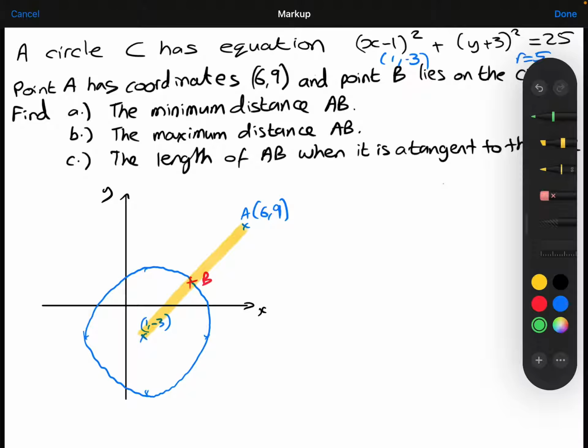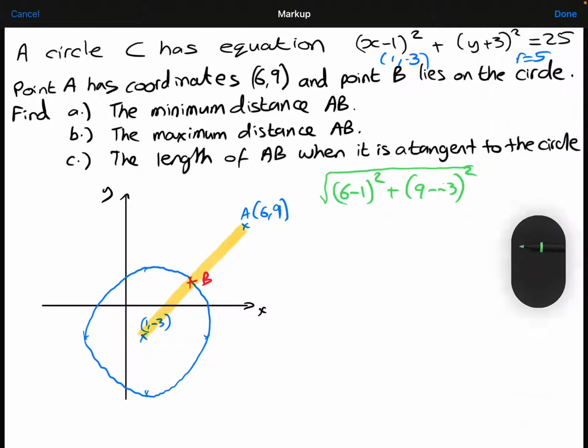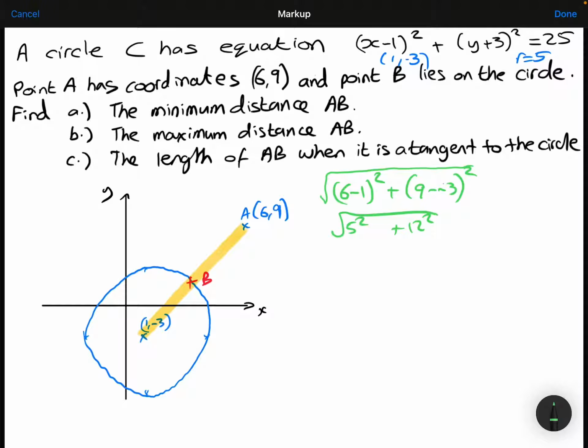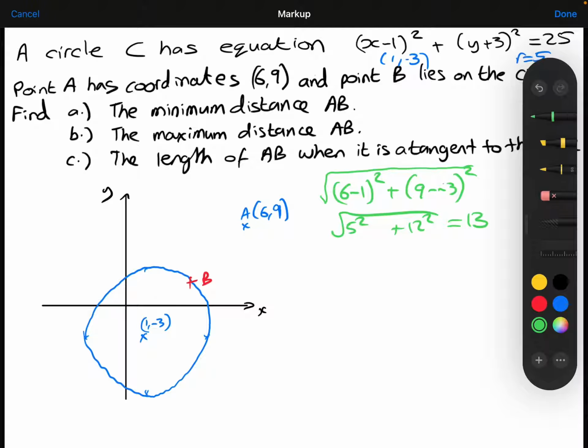We'll do the change in the x coordinates squared plus the change in the y coordinates squared, all square rooted. That's how we work out the distance between two coordinates. And when we do that, we get the square root of 5² + 12², which is 13. So the length of this green line here is 13.